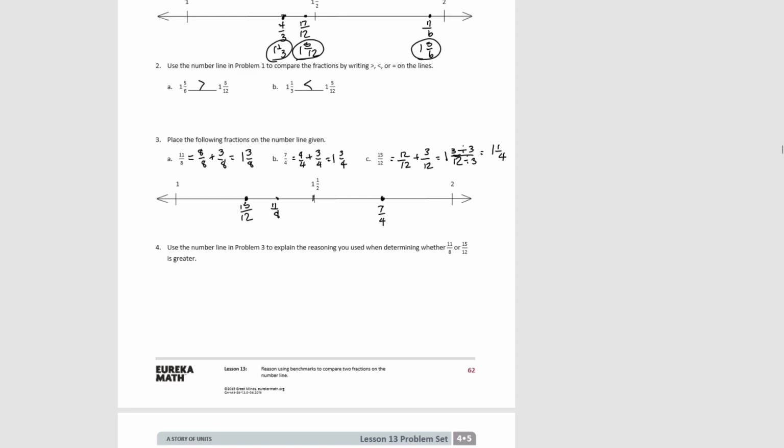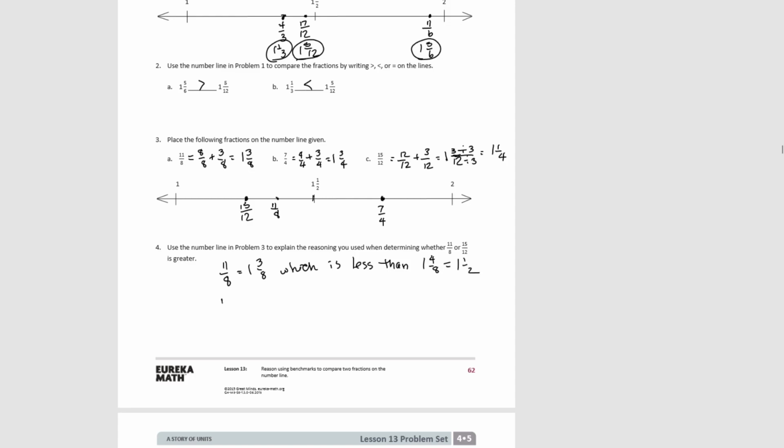Okay, the reasoning is that 11/8 is equal to 1 and 3/8, which is less than 1 and 4/8 or 1 and 1/2.